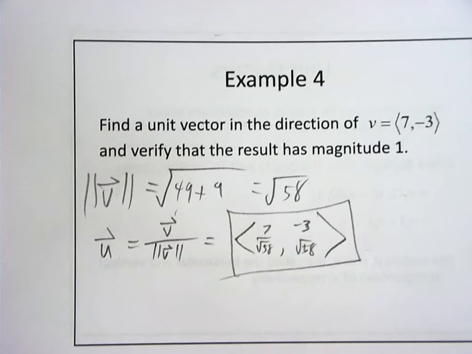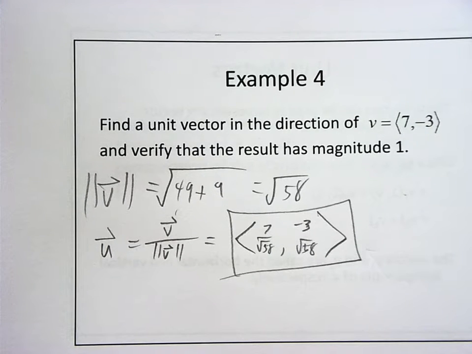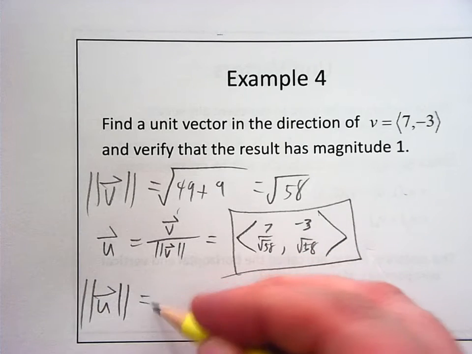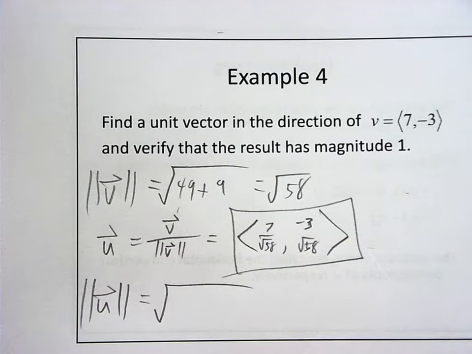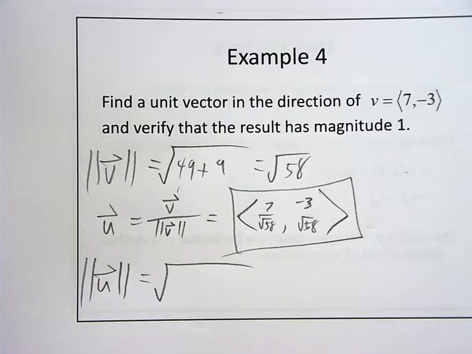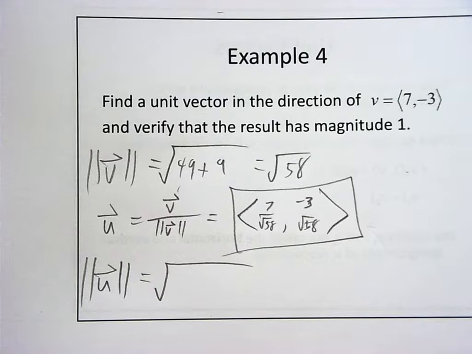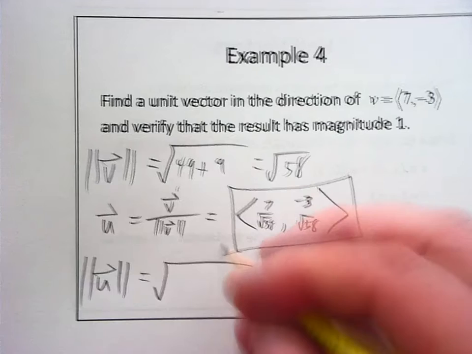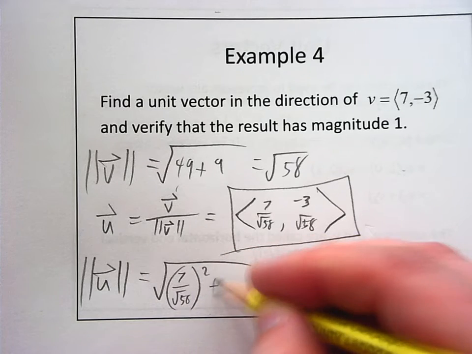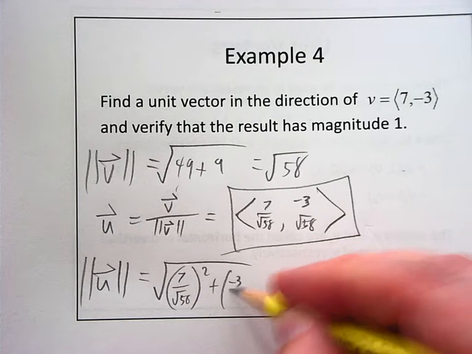Now, how do I actually verify that it is a unit vector? Find the magnitude of it. So I want to find the magnitude of this new u vector that we just found. Well, for that I'm going to take the square root of what? Yeah, you take each component there and square it and add them up.